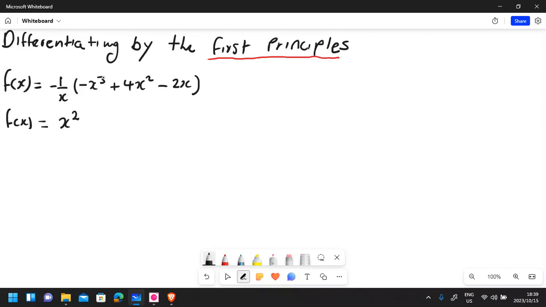Because this 3 minus 1 is going to give us positive 2, and negative multiplied by negative is positive. And then here, obviously, we're going to have negative 4, but this is going to be x. And then the last one is going to be plus 2x.